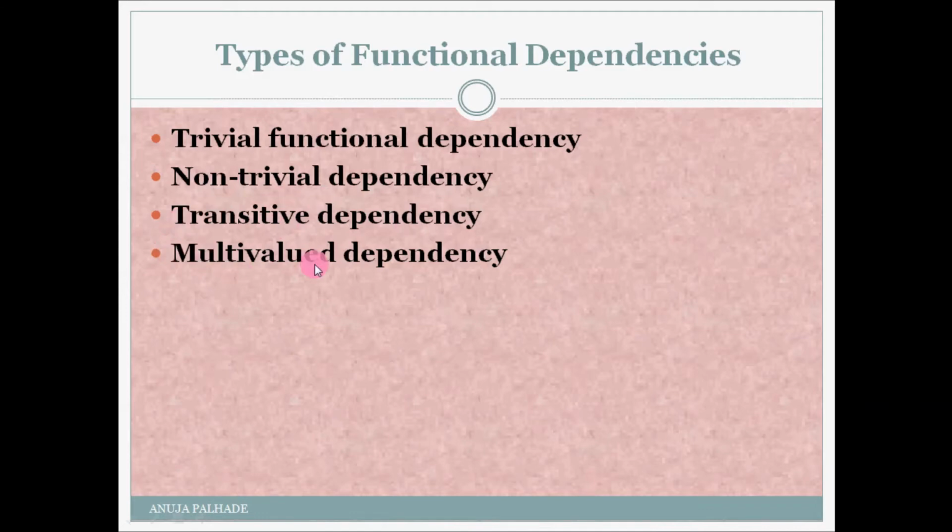Fourth is the multi-valued functional dependency. You can see this transitive functional dependency is very important in Armstrong axioms, or Armstrong inference rules. This is one of the very important properties in Armstrong inference rules, or you can say Armstrong axioms.